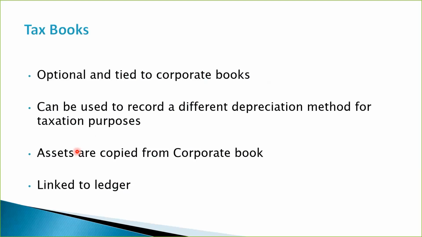So you would create a secondary ledger to serve these purposes. In the same way, you create a tax book so that you can have a different depreciation method which will produce different depreciation entries or expenses. And of course, this will have implications when it comes to things like the taxes that you pay.